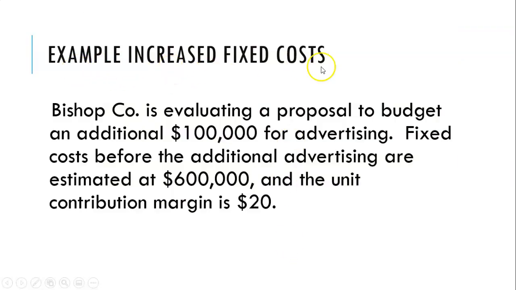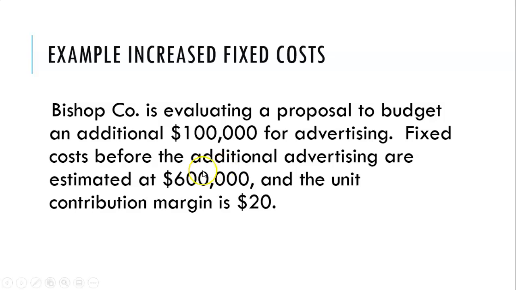Here's an example showing an increase in fixed costs. So Bishop Company is evaluating a proposal to budget an additional $100,000 for advertising. Fixed costs before the additional advertising are estimated at $600,000, and the unit contribution margin is $20. Okay, so right now we're spending $600,000 on advertising, and that's a flat fee.